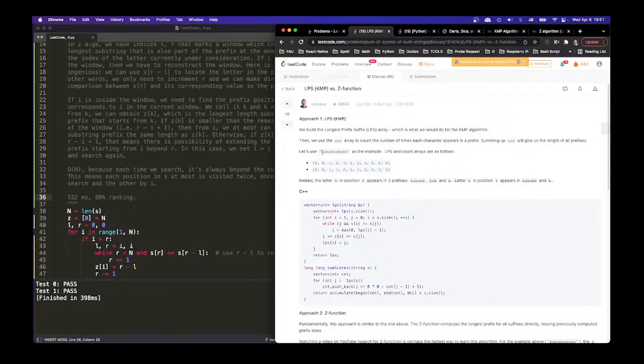Hold on. 0, 1, 2, 3, 4, 5, 6, 7, 8. Position 8. I think they got it wrong. I think this means this position.